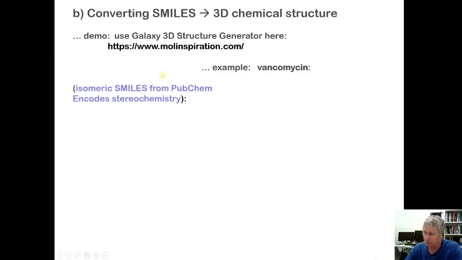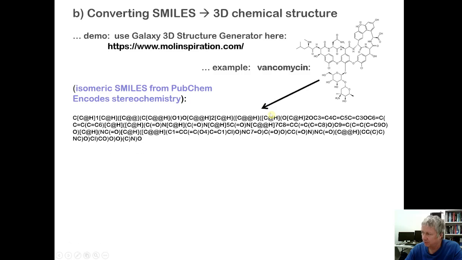Actually, maybe we'll go get it just for practice. Okay, that's the two-dimensional structure of it. It's a big, crazy molecule with a lot of chirality. This is the string, and I could get it out of my PDF, but let's Google it out of PubChem. So I'll go do that real quick.